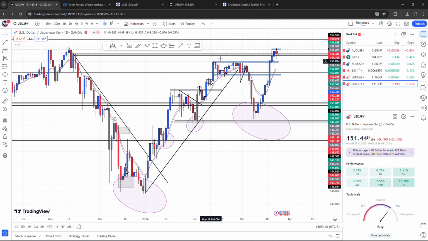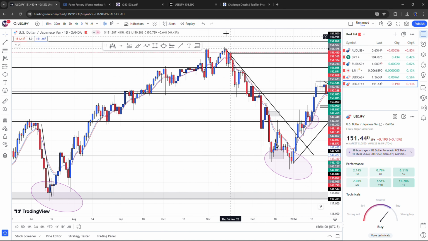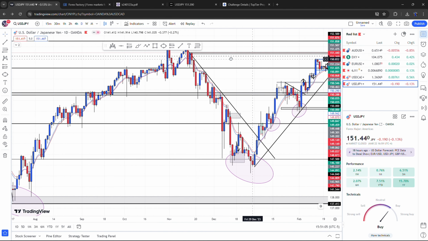The daily time frame, there is something to look out for right here, because this daily close was bearish, but obviously the trend is bullish. But if we move on to see here, we have a previous resistance here.